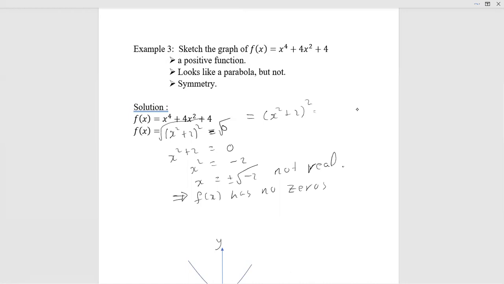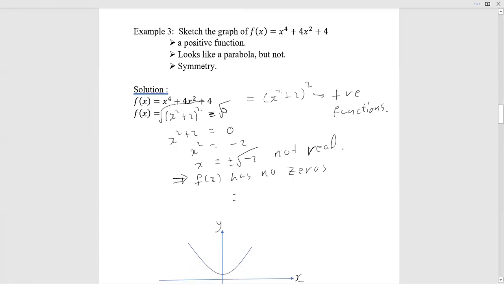Such functions are called positive functions. So we can expect this function is always above the x-axis.